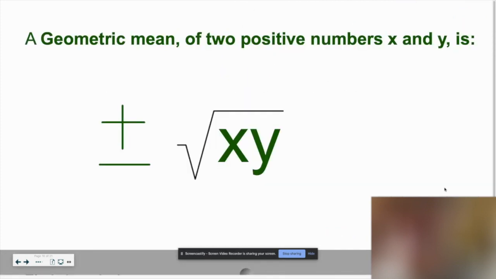Okay, so with arithmetic mean, we were able to add two numbers together and divide by 2. With geometric mean, we are multiplying, taking the square root, and then including that plus or minus, because again, we don't know if it could be positive or negative.